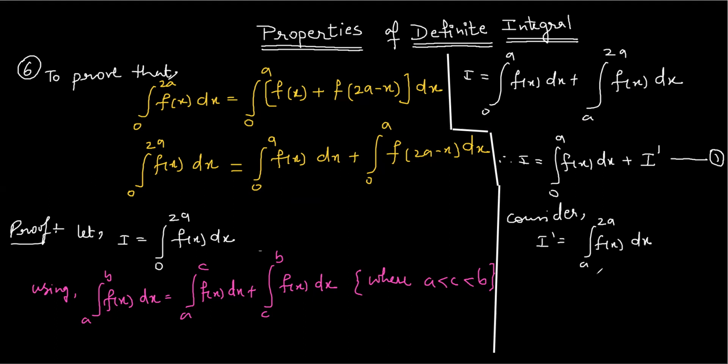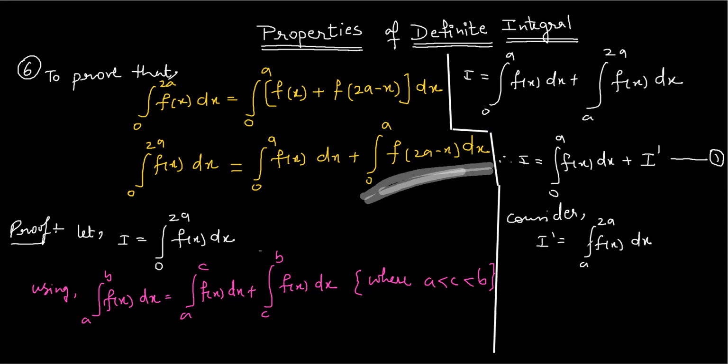So what do I want in place of a to 2a f of x dx? We all know that what I want is 0 to a f of 2a minus x. In place of that, I want this. If you remember, even in the last lecture, I had given you some trick.